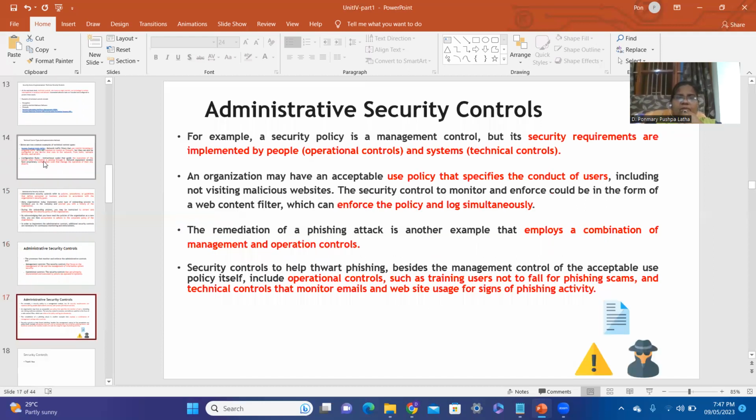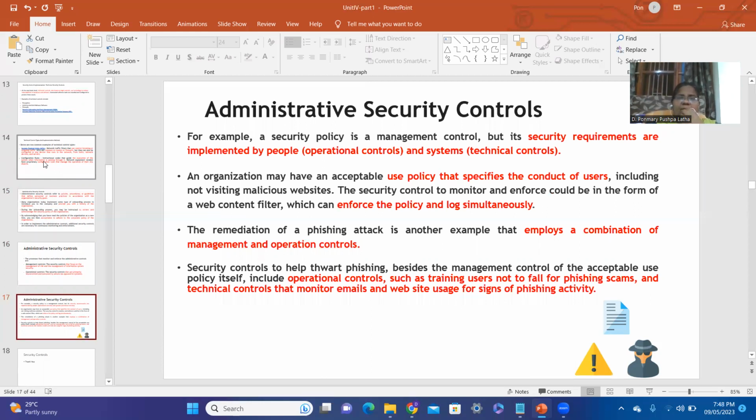In the administrative security control, it is implemented by the people, either operational controls or technical controls. You can technically control through the administration, and operations also you can control.